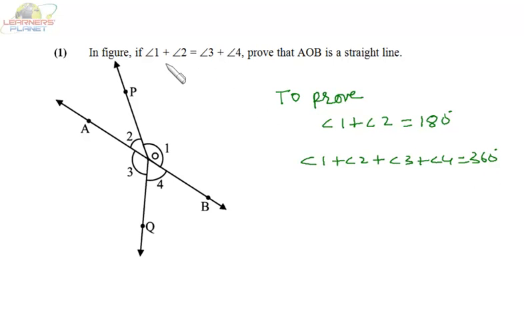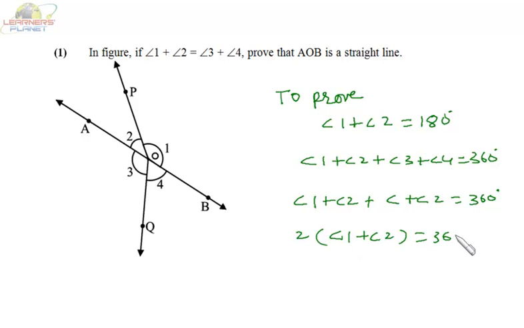Now I can replace the value of angle 3 plus angle 4 as angle 1 plus angle 2. So it's angle 1 plus angle 2 plus, instead of angle 3 plus angle 4, I'm writing angle 1 plus angle 2. So it's 360. Now 2 times angle 1 plus angle 2 is 360. That means angle 1 plus angle 2 is 180.